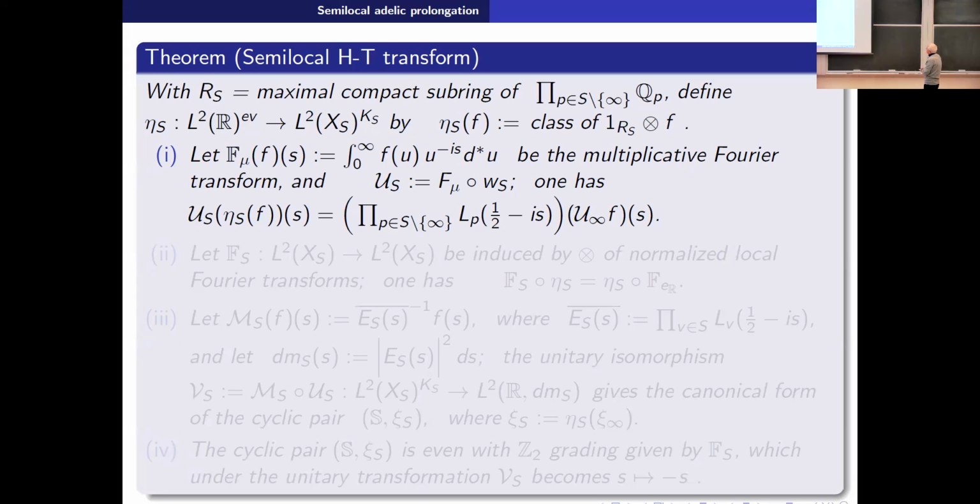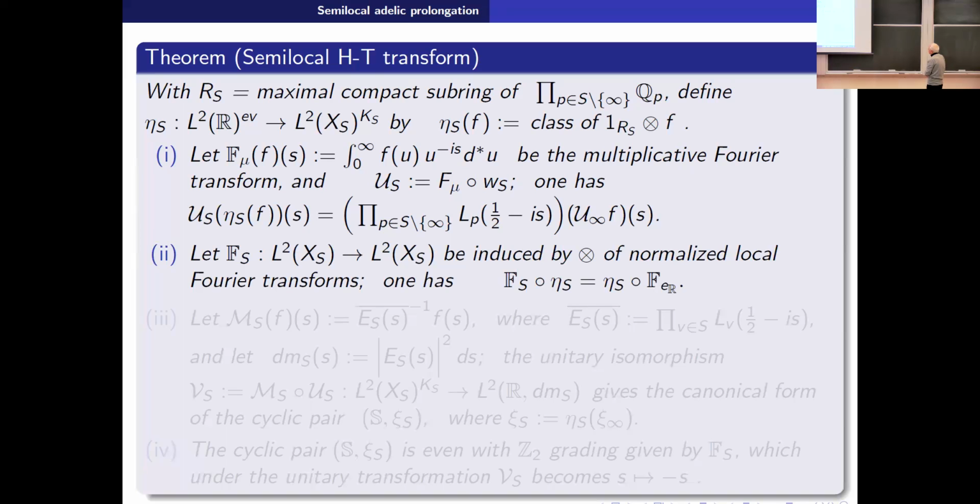So that's coming into the definition of U_S, the part of the Hardy-Titchmarsh, the main part of the Hardy-Titchmarsh, there is a multiplicative constant in front, as you may remember, which will come in.